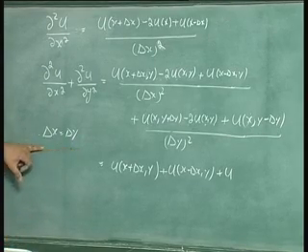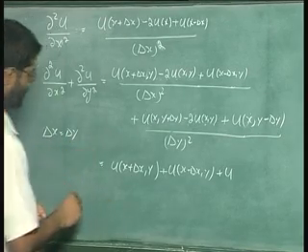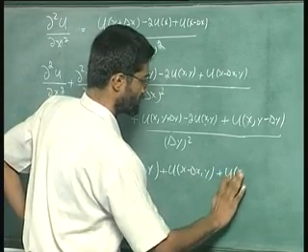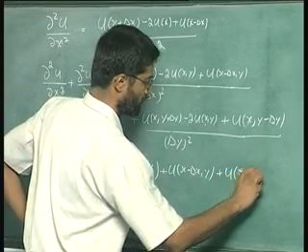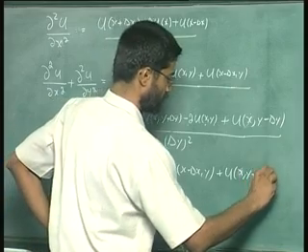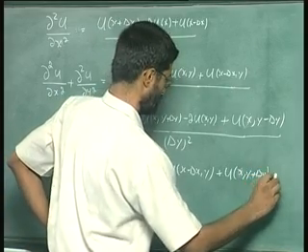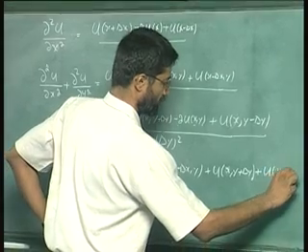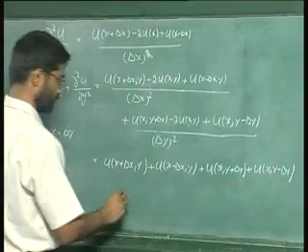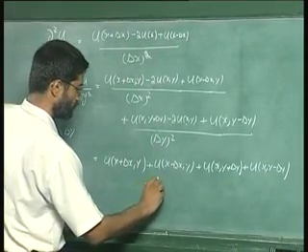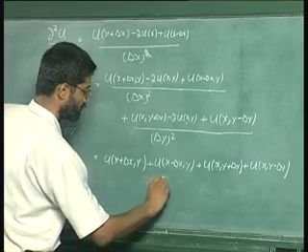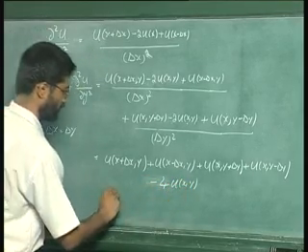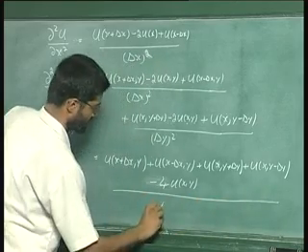In this special case we can write this as u(x, y plus delta y) plus u(x, y minus delta y), minus 4u(x, y), so whole thing divided by delta x squared.